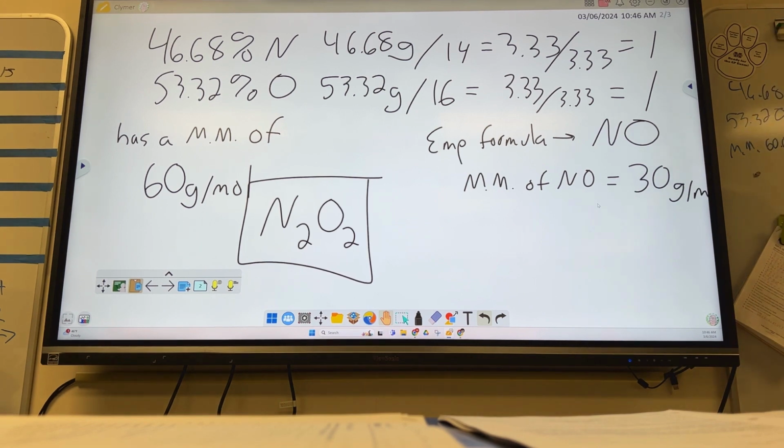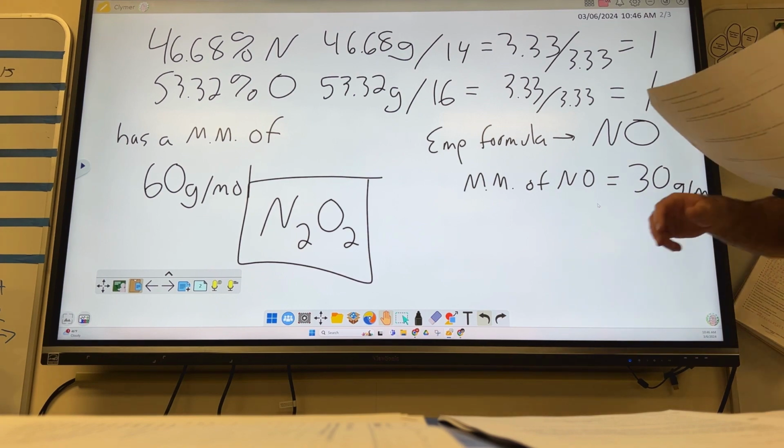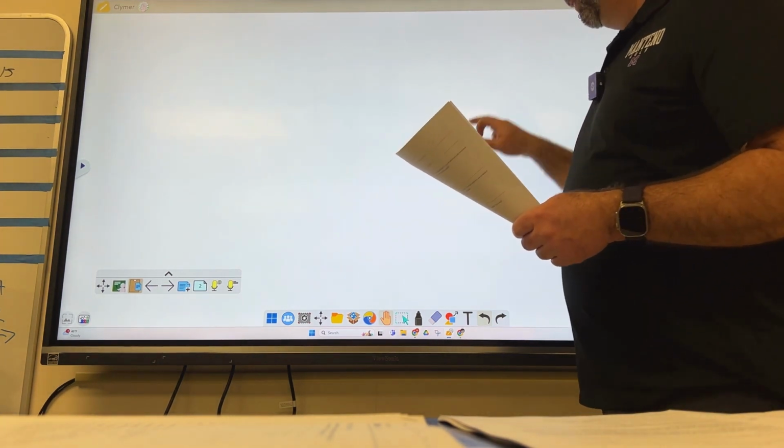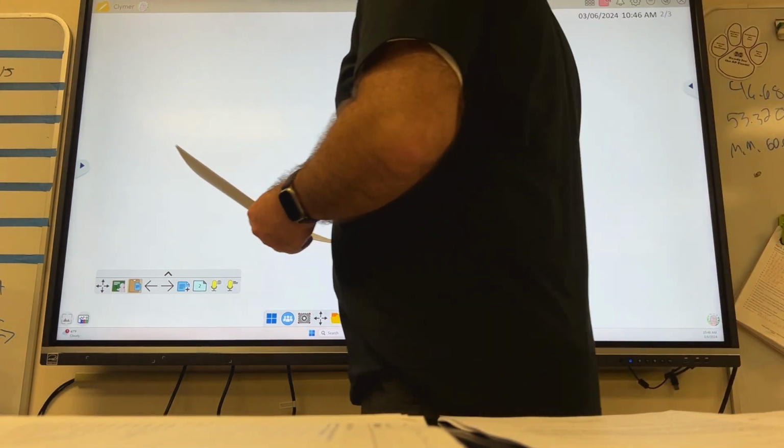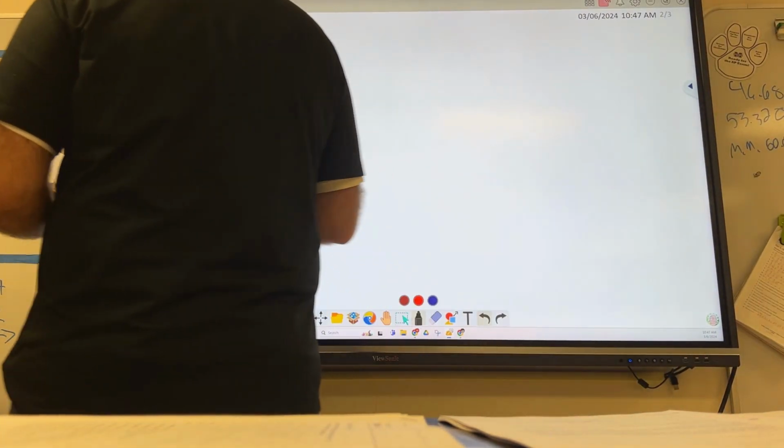Get out your homework. Flip to page 2. Today we're going to do page 2. Start with number 1. Now, number 1 gives you a head start.